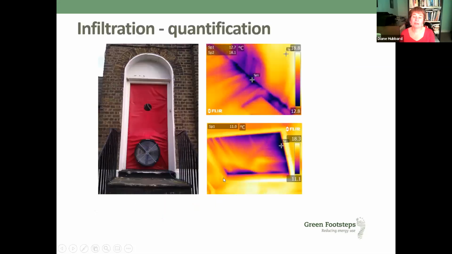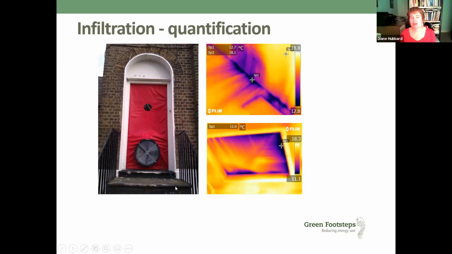The way that we normally do it is using something called a blower door test. The picture on the left-hand side is of a blower door in situ. What that does is create a pressure difference between inside and outside the building.